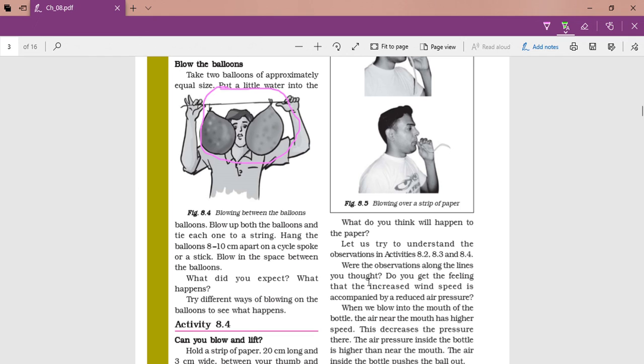When you blow air between the balloons, they move towards each other. This could happen if the pressure of air between the balloons were somehow reduced. The pressure outside the balloons would then push them towards each other. The next activity regarding this we will study in our next class.